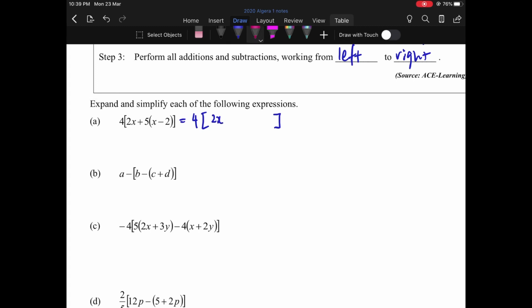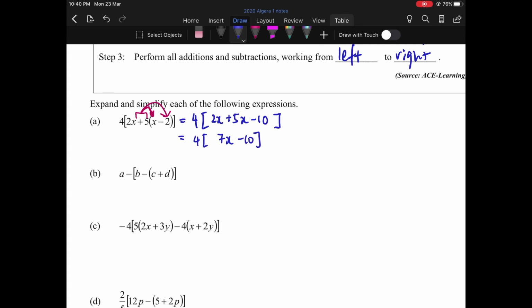Okay, so now to simplify, we have to distribute positive 5. Okay, so we will get plus 5x and then minus 10. So let's simplify the terms in the bracket. You will get 7x minus 10.